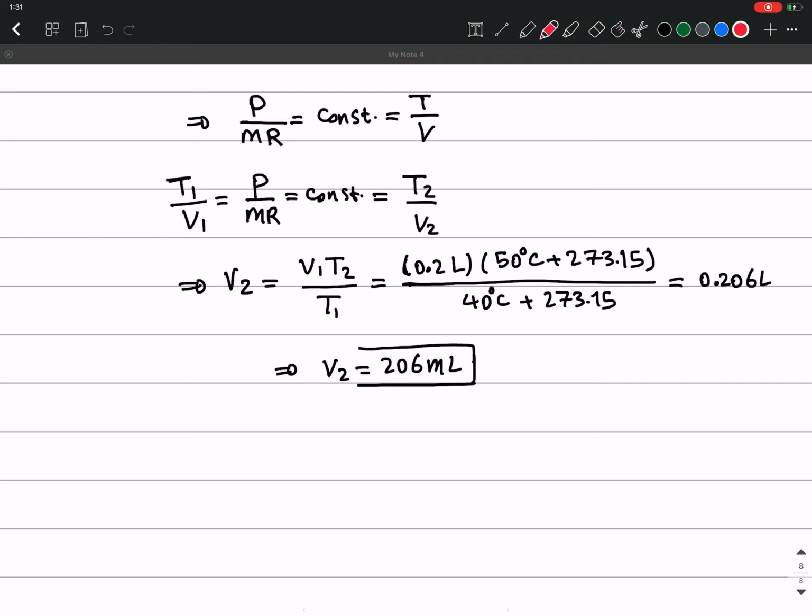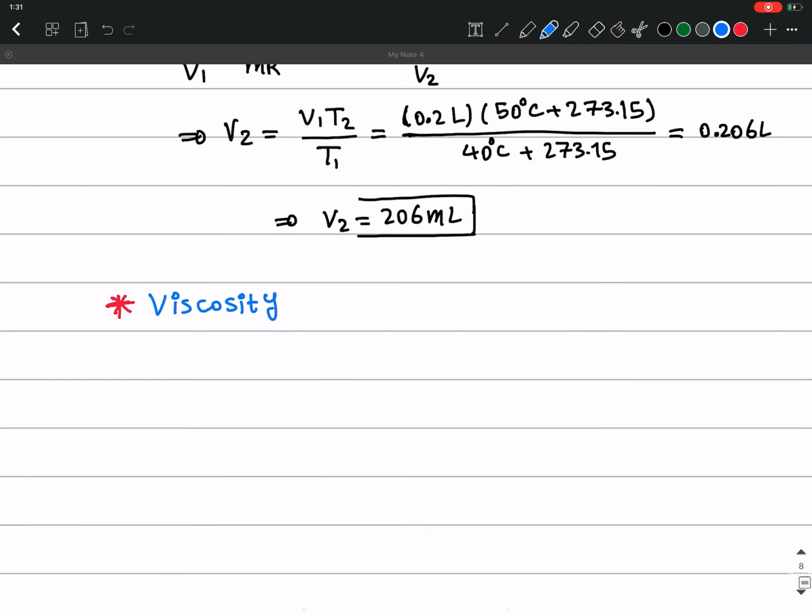And now I want to go to a new topic, which is more related to fluid mechanics, and that is viscosity. So viscosity is something related to fluids that are flowing.